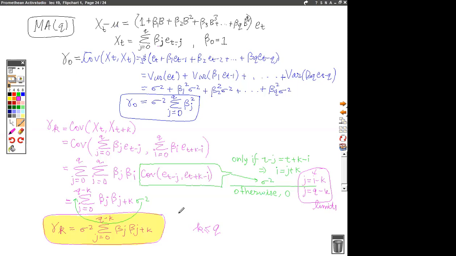Because if I'm looking at a lag which is greater than q, let's say q plus 1, you know that this value will be 0 because there will be no common terms that you can find in these e's. Another important thing that we did here was to assume that beta_0 is 1. You should never forget that. That is also important.